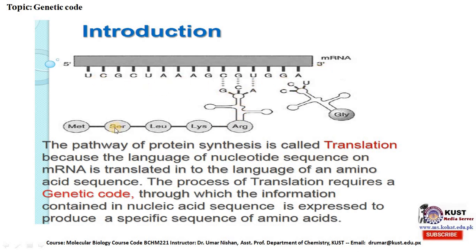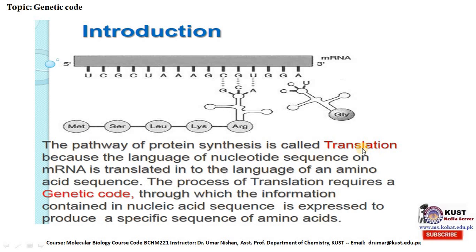Now these are the different amino acids: methionine, serine, leucine, lysine, and arginine. Here is the codon. We will talk about this in detail, how it functions. This is the transfer RNA. Here again, the transfer RNA picks the amino acids according to the code that is provided by the messenger RNA transcript. So the pathway of protein synthesis is called translation.